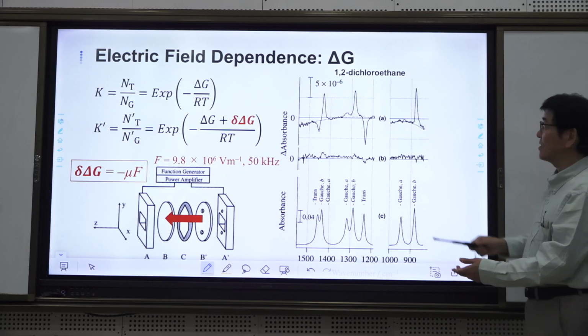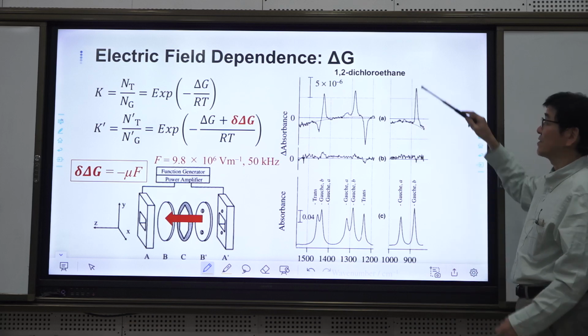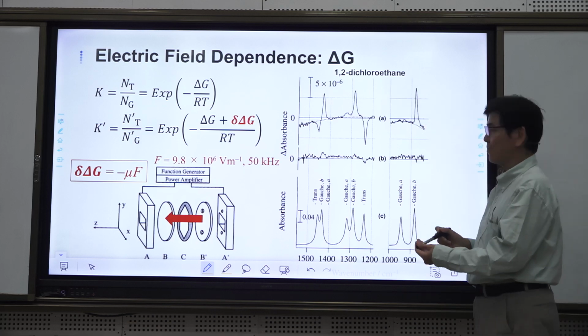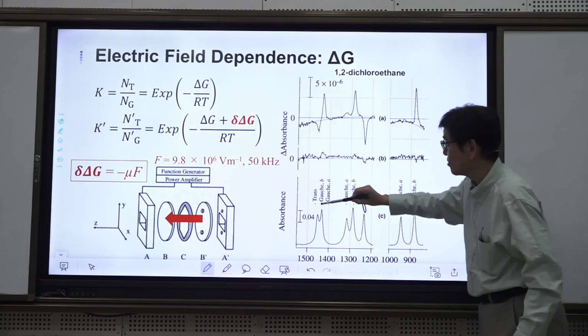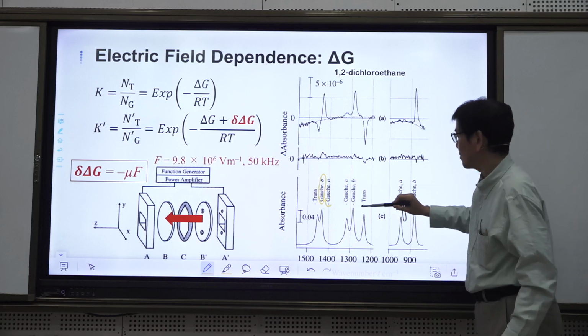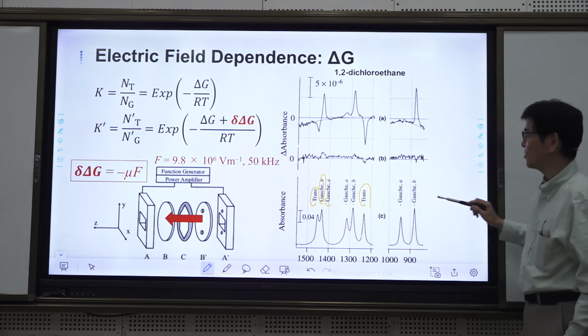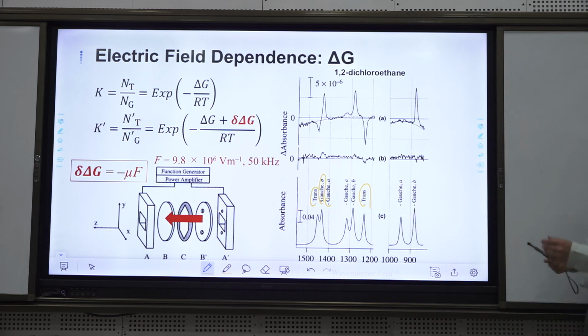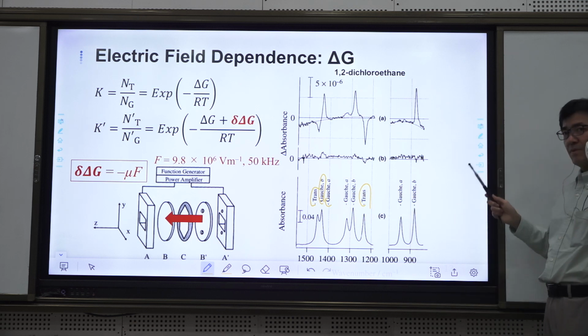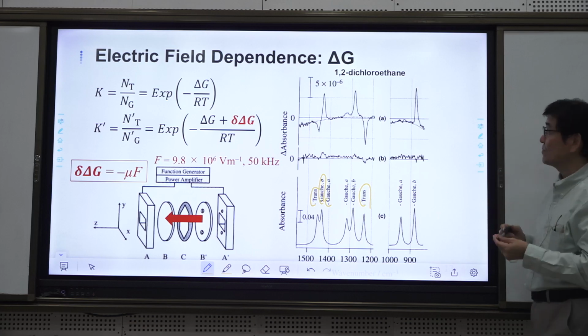And again, this is the result for 1,2-dichloroethane. And already we know there are two forms assignable to gauche, trans, gauche. Okay, then we see what happens when we apply the electric field.